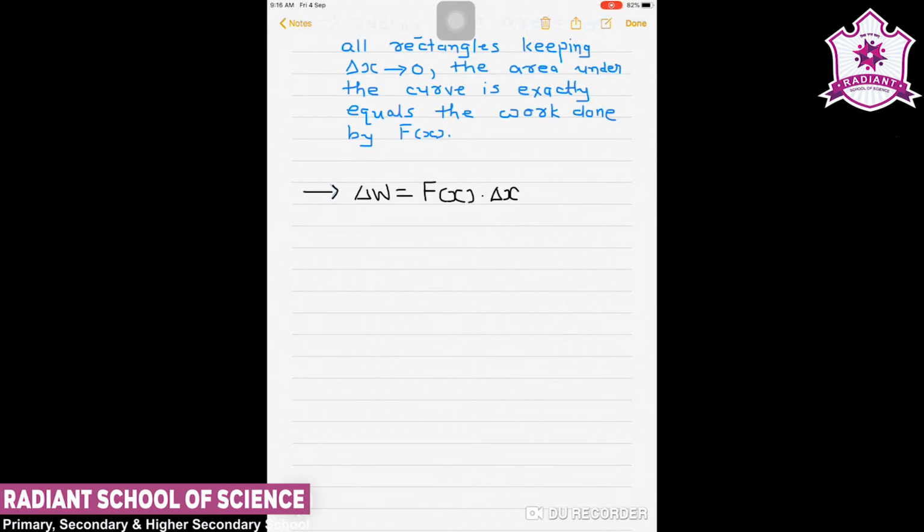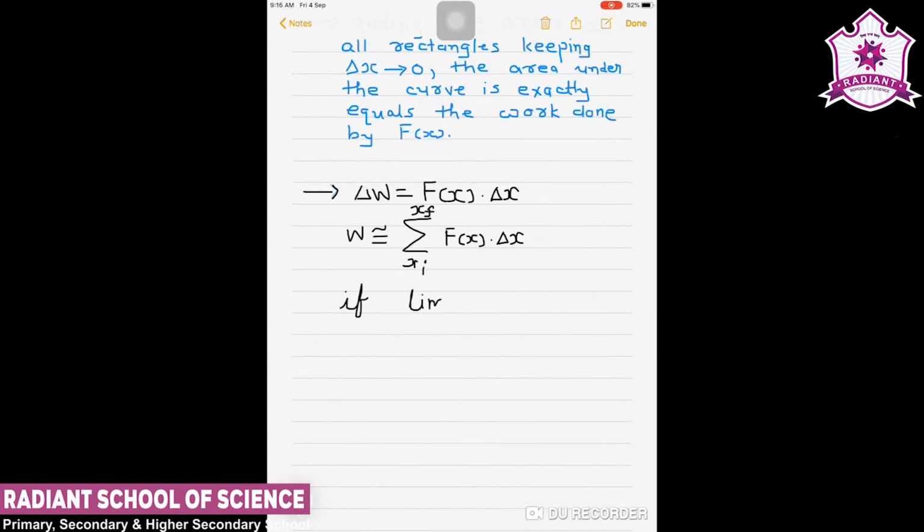Now our work is from xi to xf, so the total work done W is approximately equal to sigma from xi to xf of fx into delta x.